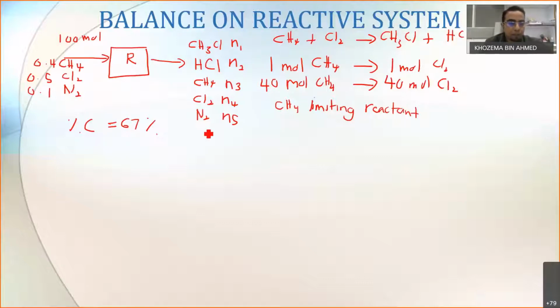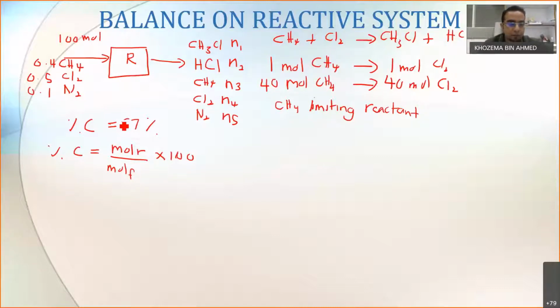Okay, so now I know that methane is my limiting reactant, so I can use this value now. If we remember the formula of conversion, percentage conversion is equal to mole reacted over mole fed times 100. I know that the value here is 67.